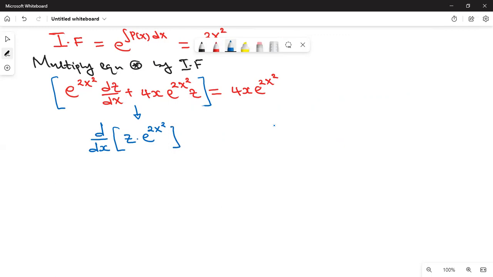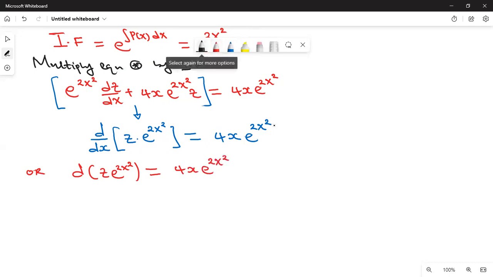The right-hand side is 4x exponential 2x squared. Now, if I multiply both sides by dx, we are going to get d of z times exponential 2x squared is equal to 4x times exponential 2x squared.